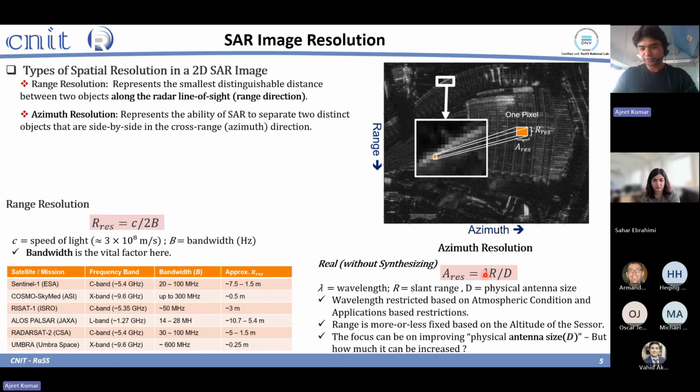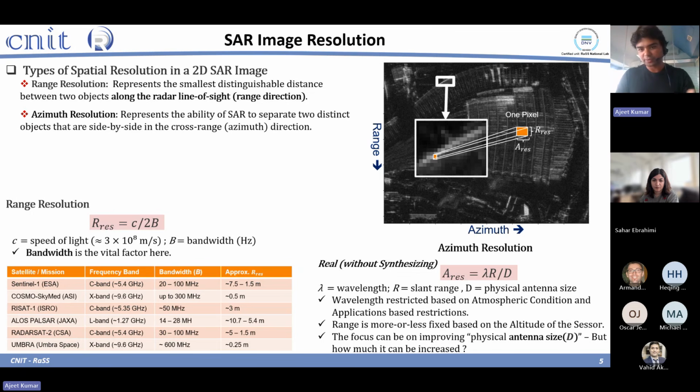Now here, lambda is restricted based on the atmospheric condition and also the application you're using. If you need to penetrate through the ground, for soil moisture estimation and all, you will be looking for the L and C band. But for defense related applications, you'll go for the X band. So based on the application, it depends what frequency, and corresponding to that, what wavelength you're using.